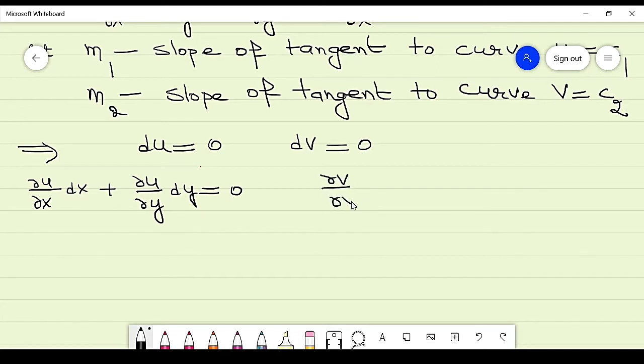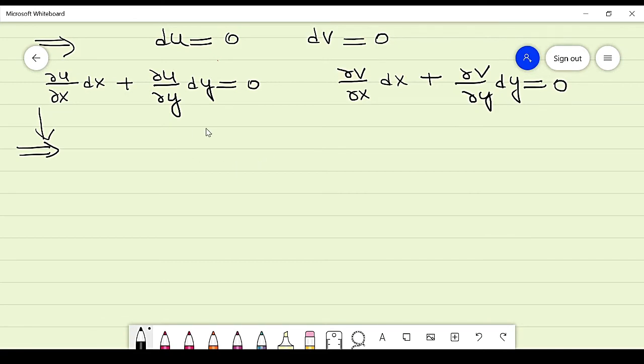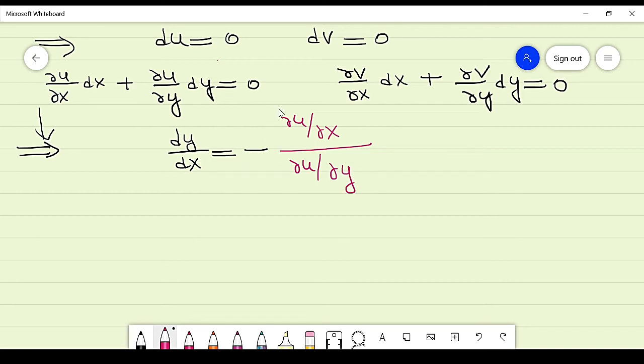Similarly ∂v/∂x dx plus ∂v/∂y dy is 0. From this we get dy by dx equal to minus ∂u/∂x over ∂u/∂y.